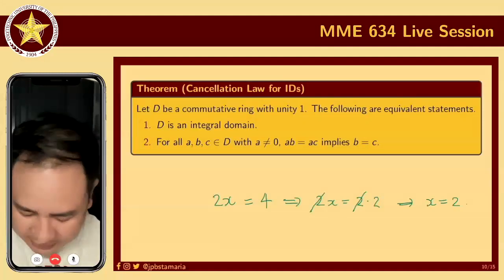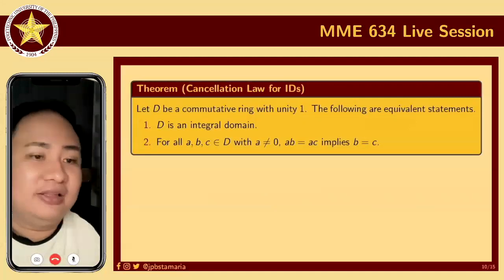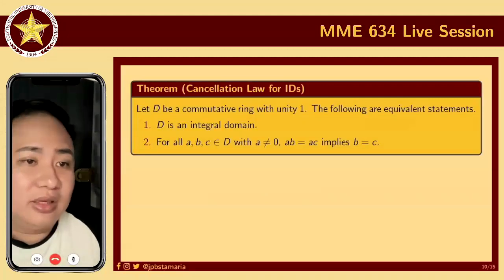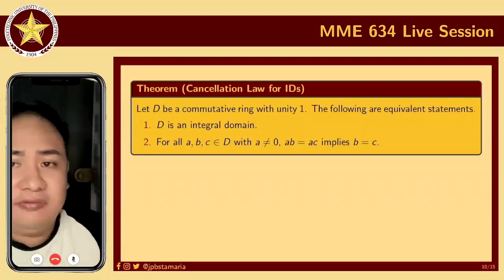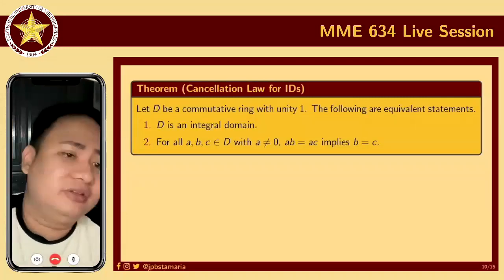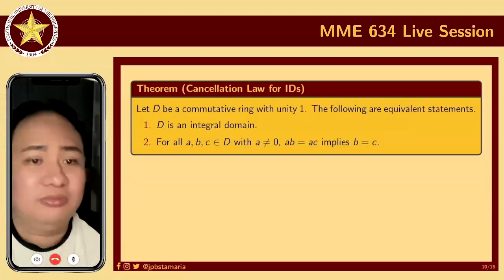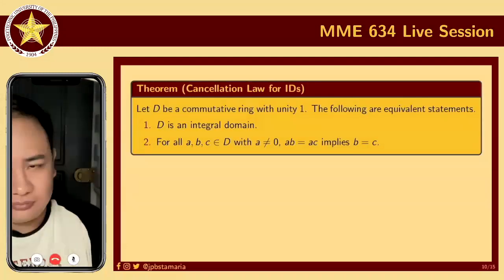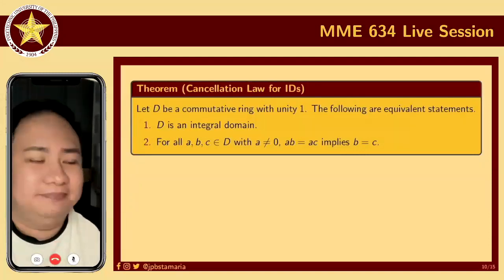So let me erase this. Ano statement number 1? This is an integral domain. Number 2, cancellation property. Ano yung cancellation property? If you have 3 elements A, B, and C from D, where A is not 0 and AB equals AC, ang conclusion is that B is equal to C.